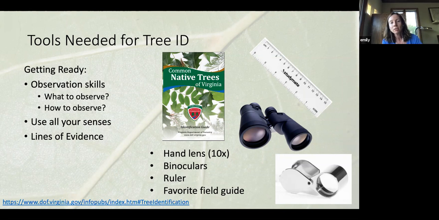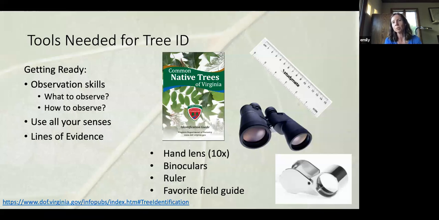They just released a new publication, and I've got that link on the bottom of this page because it was released in 2020. And I don't know if anybody knew that because we've all been dealing with our stay-at-home situation, but you can download it for free from the Virginia Department of Forestry website, or you can order it by mail to get a paper copy, and it's usually a really nominal fee.